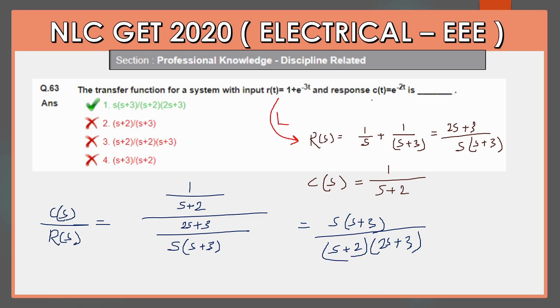And if you Laplace this c(t), C(s) will be this. So we know that transfer function is nothing but output Laplace by input Laplace. So C(s) by R(s) equal to 1 by s plus 2 divided by 2s plus 3 divided by s into s plus 3. So if you solve this, you will get this answer. So the first option is the correct option.